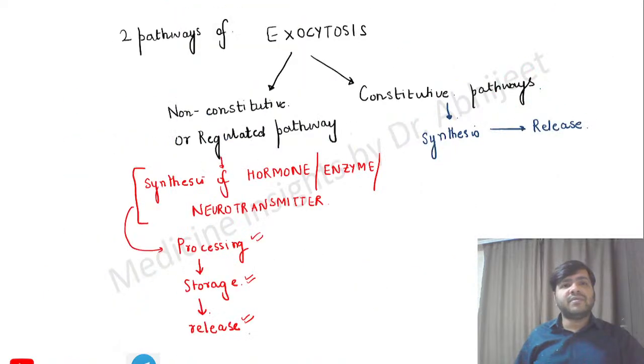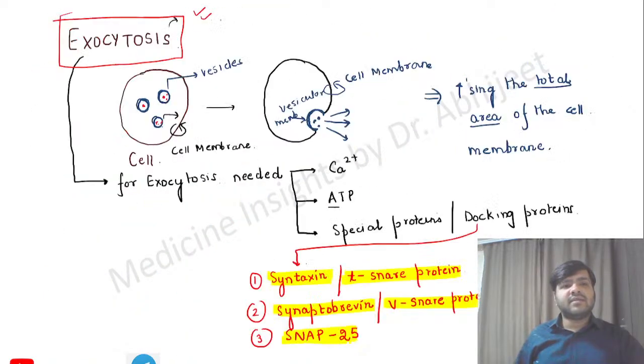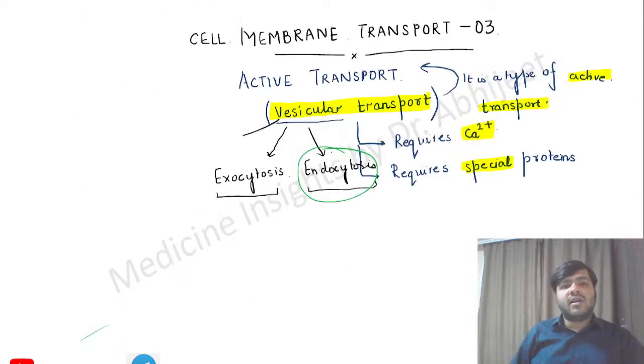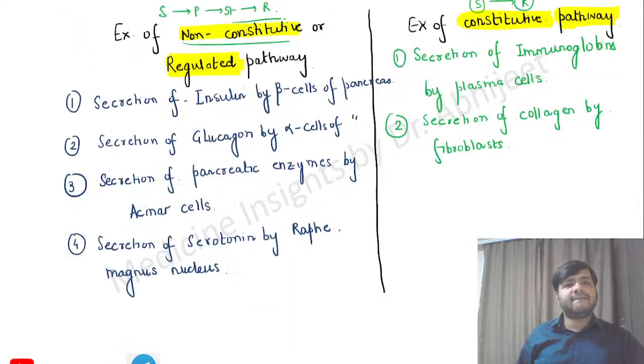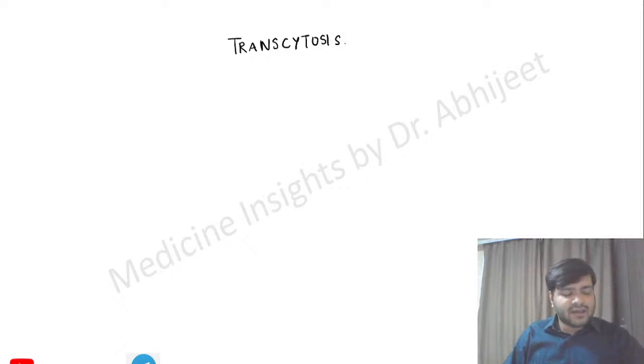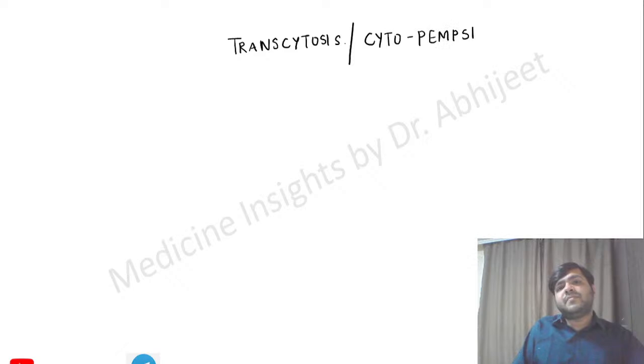One more cytosis that you have to discuss, which is like a combo of both, is called transcytosis, or it is also called cytopempsis. Now, what is happening?